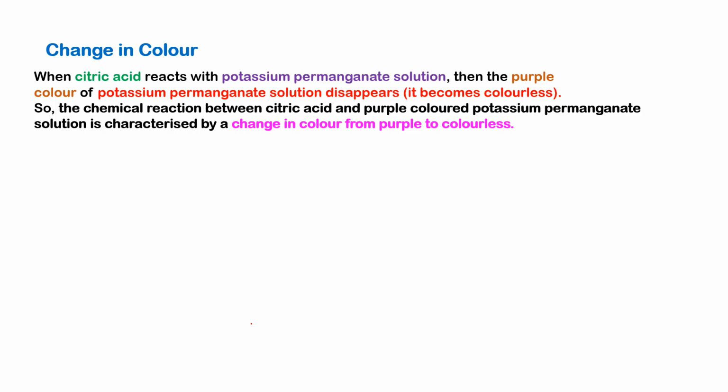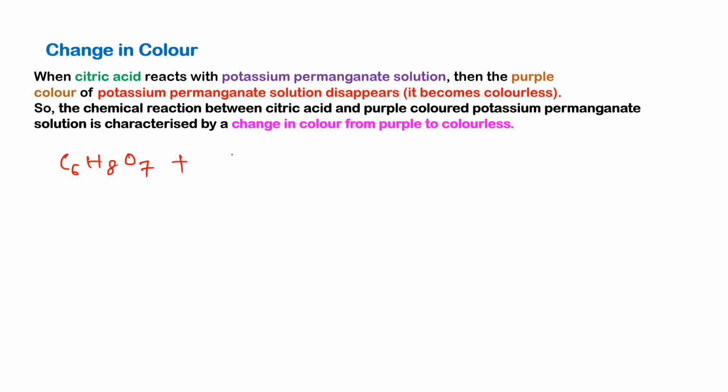Now, changing color: whenever citric acid reacts with potassium permanganate solution, its purple color becomes colorless. So how should we write the chemical reaction? Remember the formula of citric acid, that is C6H8O7.